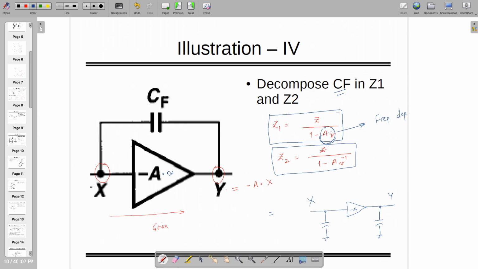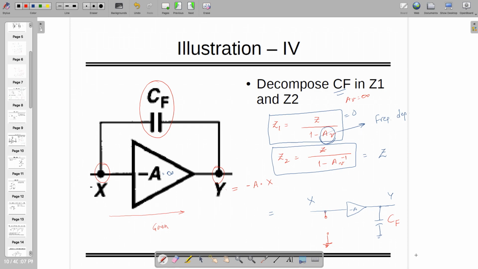If AV is equal to infinity, then this becomes 0 and this becomes Z. So in that case, this goes to 0. There is no impedance, right? For that, the capacitor has to be infinite, because it's 1 by j omega C. Then it's an open circuit, because the capacitor becomes open, and on this side, it has to be the same impedance which was here. So CF has to be transferred over here.